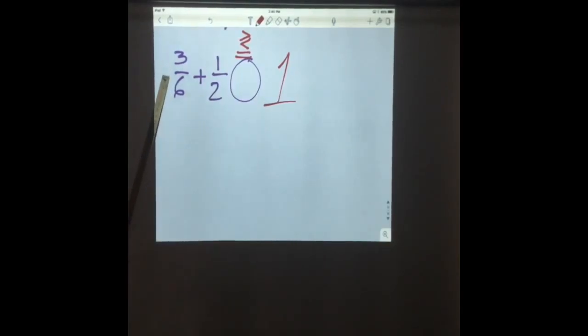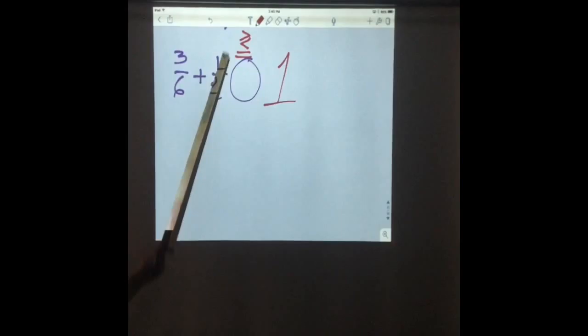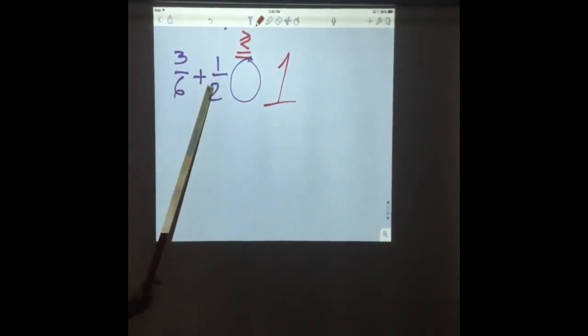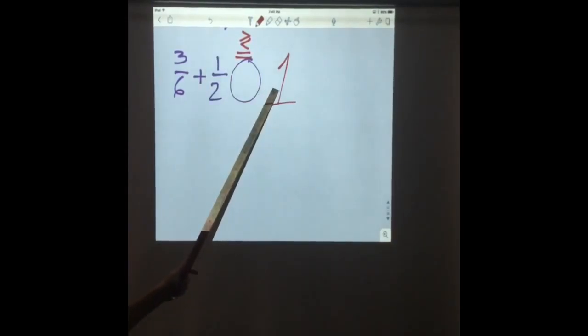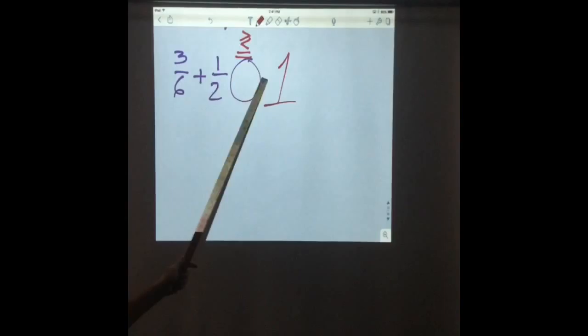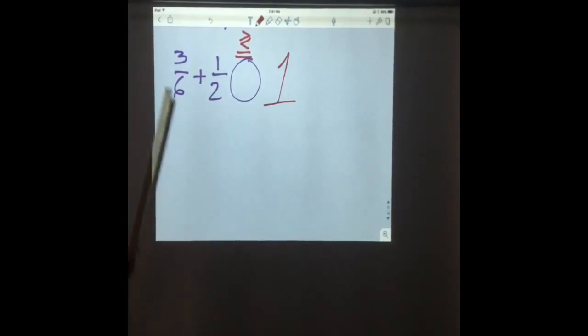Okay, let me slip you another problem. What about 3/6 plus 1/2? Is that greater than 1? Is 3/6 plus 1/2 less than 1? Or is 3/6 plus 1/2 equal to 1? Which one of those do you think is right? You said, hey, the bottom number is a 6.